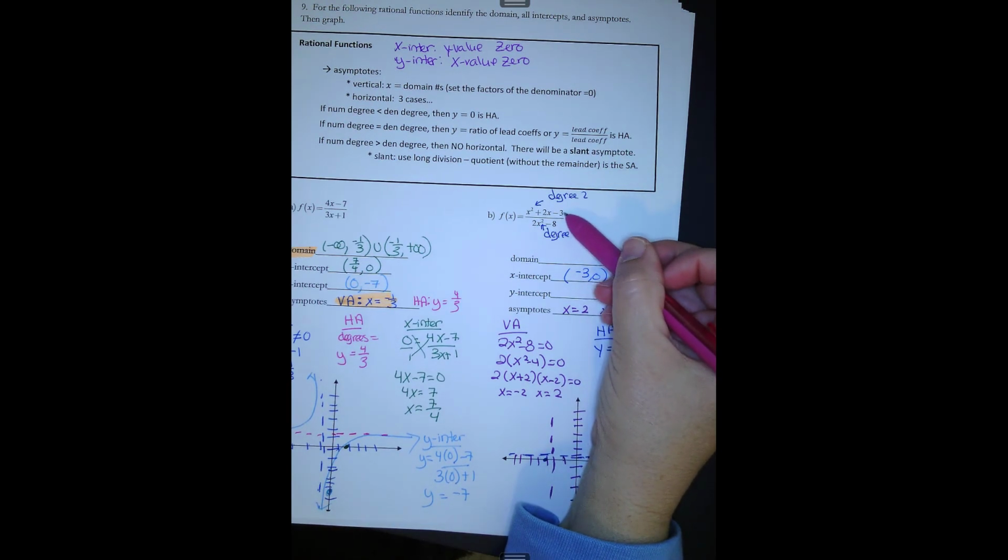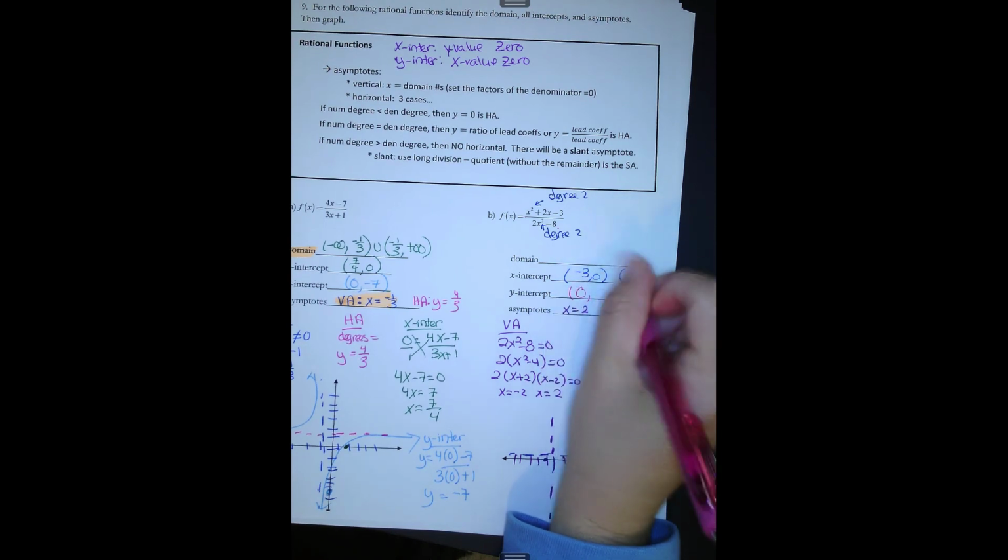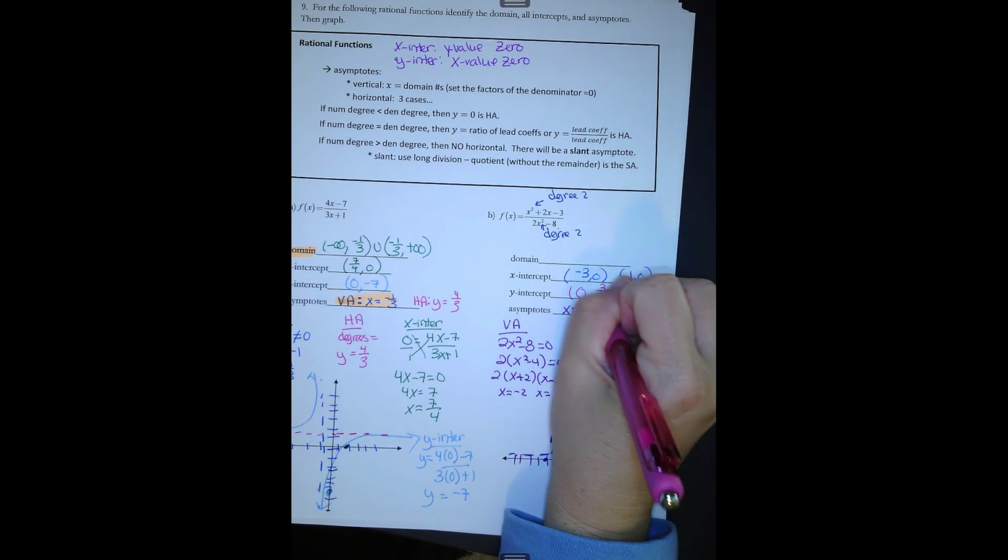So it is going to be at 3/8 because it ends up being negative 3 over negative 8 because we're just plugging in 0 for x. So 0, 3/8. So we are up here just ever so slightly.